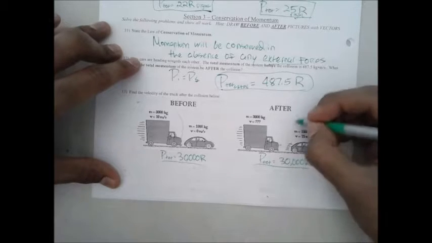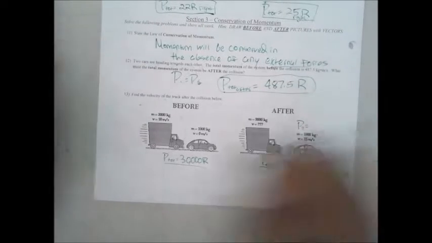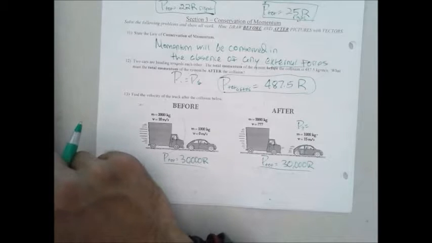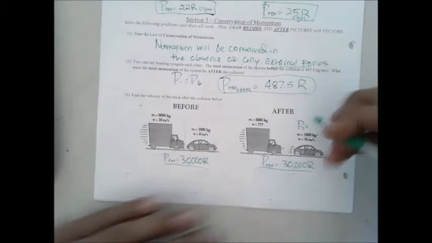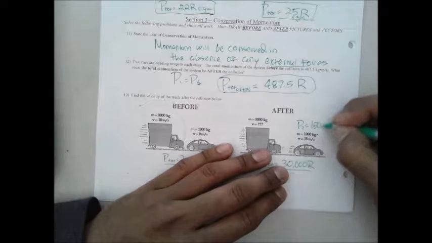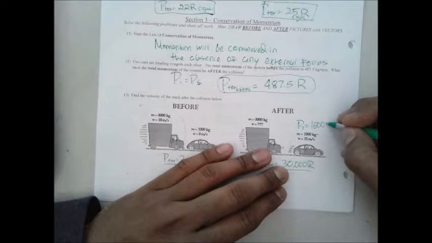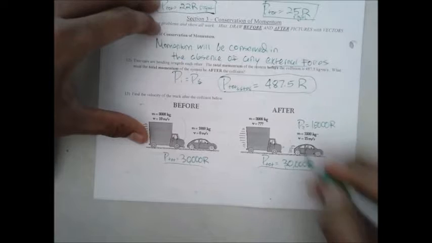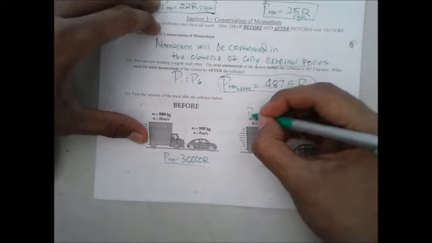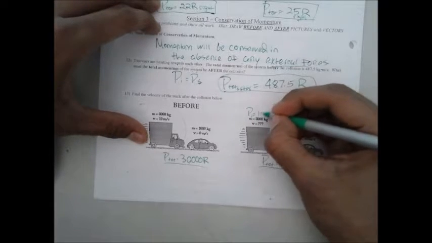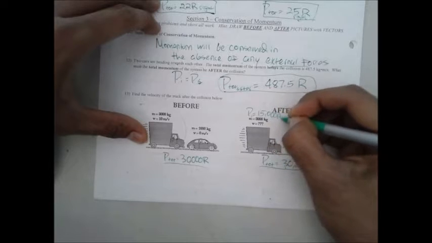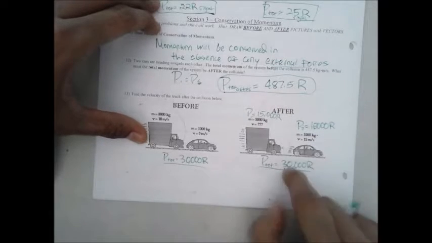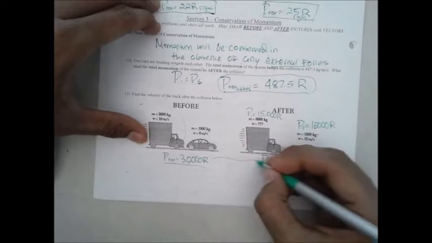Now, if this guy has momentum 15,000, then if the total is 30,000, this guy also has to have a momentum of 15,000 for it to add up, because this is the same, right?